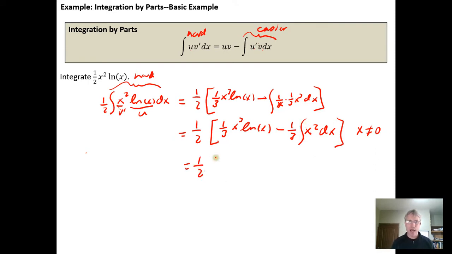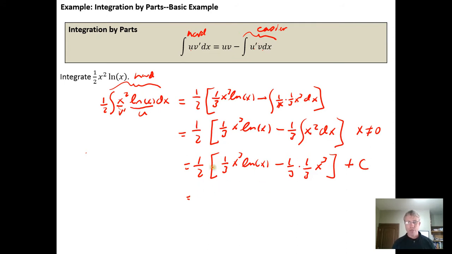This is going to be 1/3 x cubed natural log of x minus 1/3 times the antiderivative of x squared, which is just 1/3 x cubed. And then after this is all said and done, we'll need plus our constant of integration, because we're working with an indefinite integral.